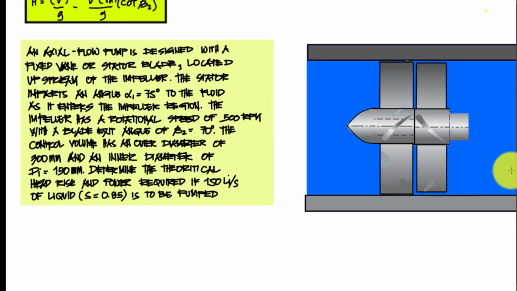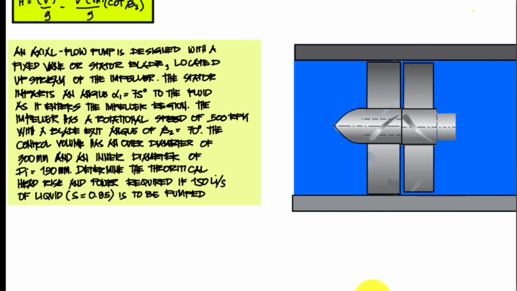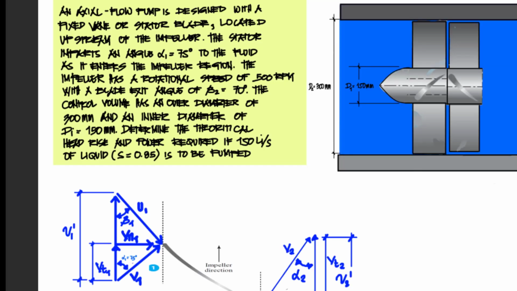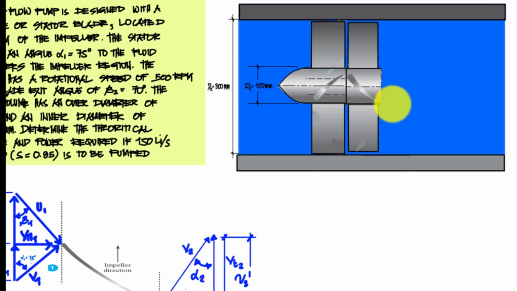So, let's try to draw naman yung velocity triangle of this axial pump. Now, based on the given, sabi sa problem, we have the angle of 75 degrees, which is imparted by the stator. And then the fluid enters the region, so we have the rotational speed. That will be the RPM, so yung ikot ng shafting, or ikot ng buo.